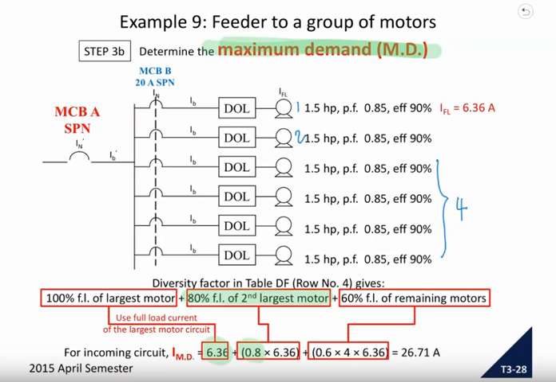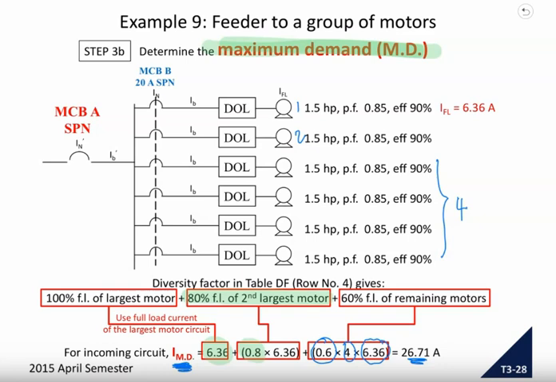So the remaining motors will be at 60%, 0.6, and there are only 4 of them. So multiply by 4 and multiply by the full load current. We end up with this, 26.71. Okay, so this is the maximum demand.